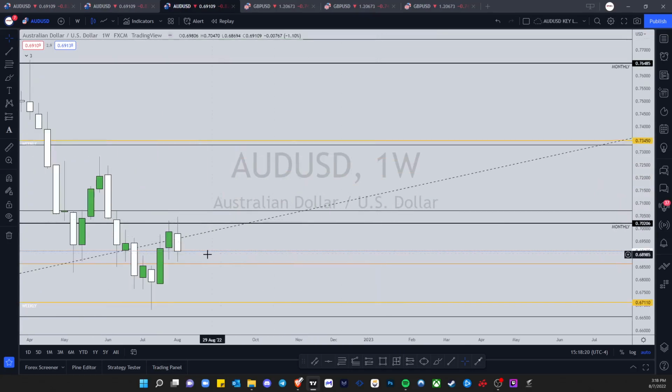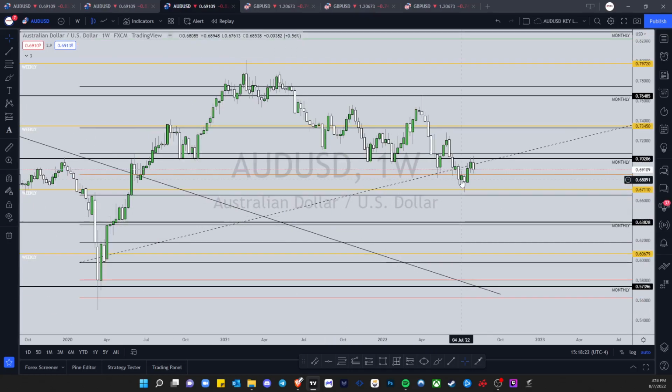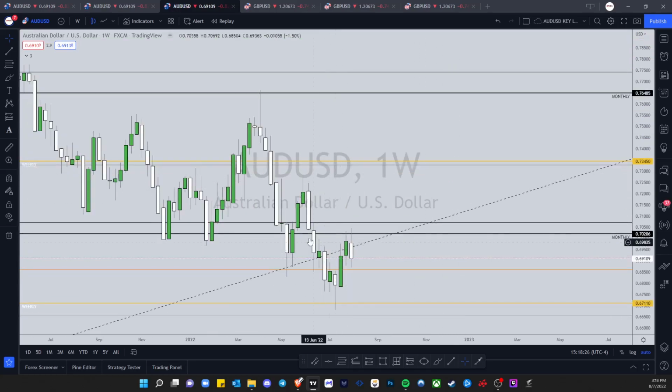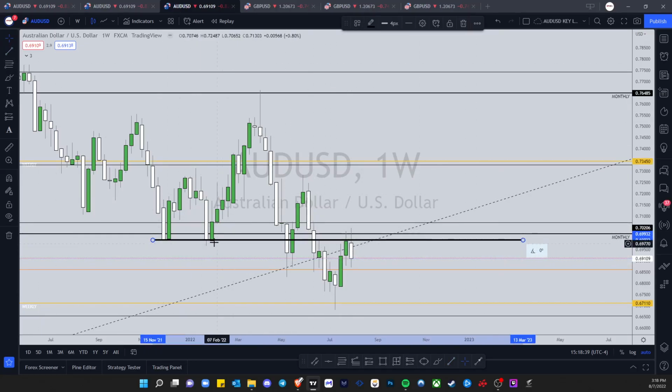The weekly on AU is bearish. It's still doing lower low, lower high, lower low, lower high. If you had to draw a line, that would be your resistance level.